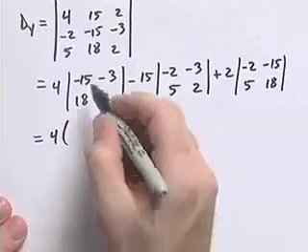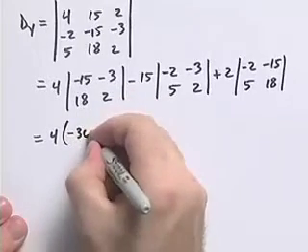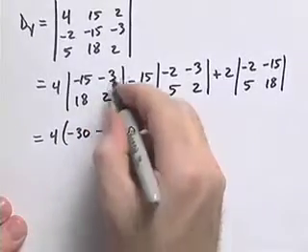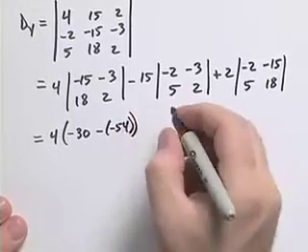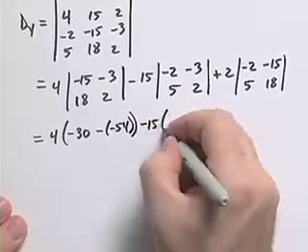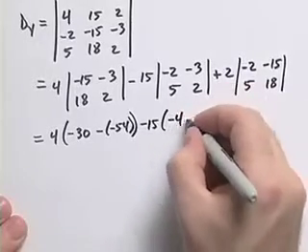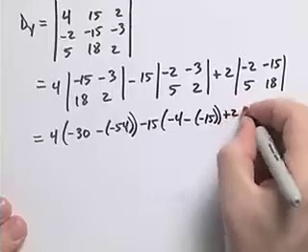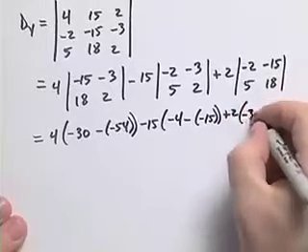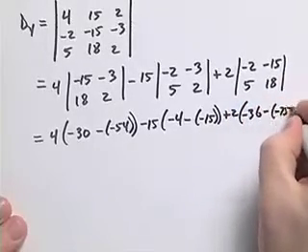We'll get 4 times negative 15 times 2 is negative 30, minus negative 3 times 18 is negative 54, minus 15 times negative 2 times 2 is negative 4, minus negative 15, plus 2 times negative 36 minus negative 75.